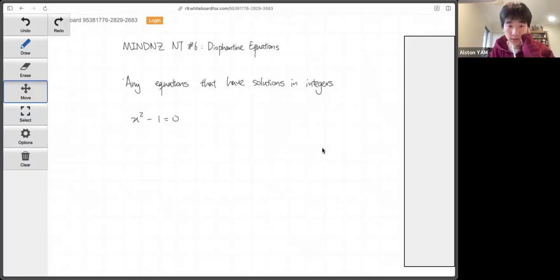If it's just one variable, then you can solve it really easily. But the real fun starts when we have more than one variable. So say we have two, x and y. Let's start right now with our first problem: x squared is equal to y squared plus 7.